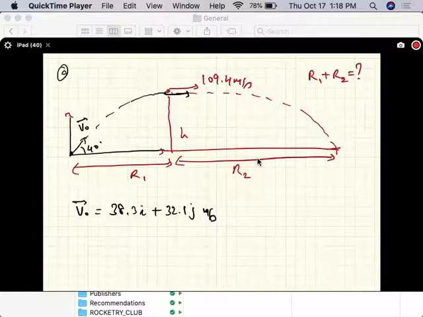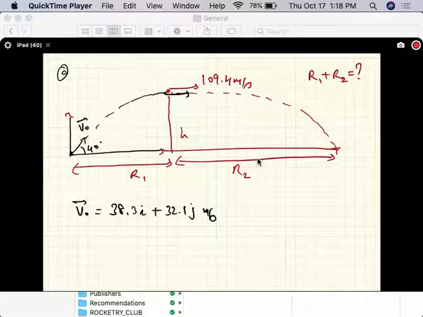Okay, so let's find how high the object rises before exploding. You will need that height because the higher it rises, the longer the time of flight and the further it will go. So you'll need this height for the time of flight.